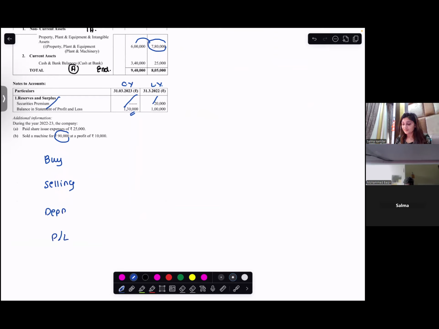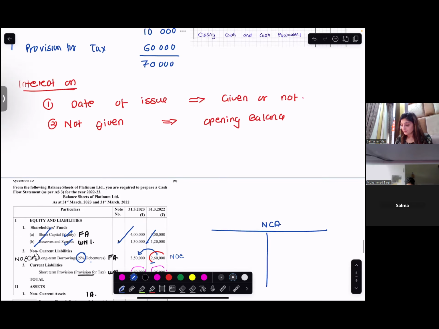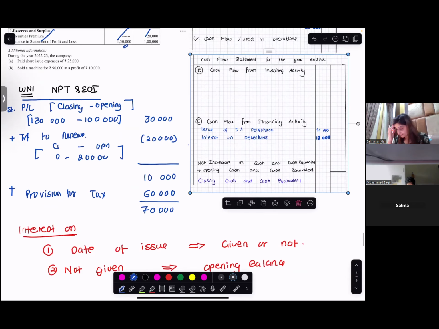Profit or loss. This would be which activity? Investing. This would be which activity? I would say non-operating, non-cash. So non-operating expense or non-operating income. Are you with me? You've sold a machinery, right? For how much? 90,000. Where will this be recorded?